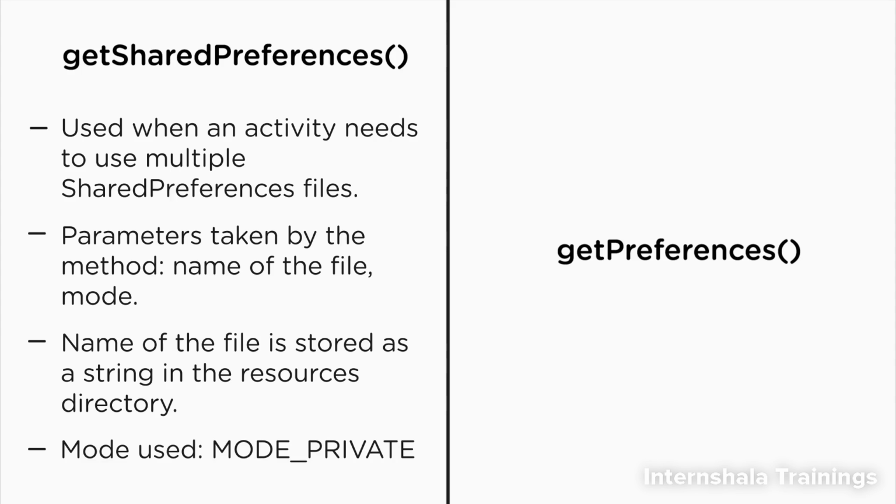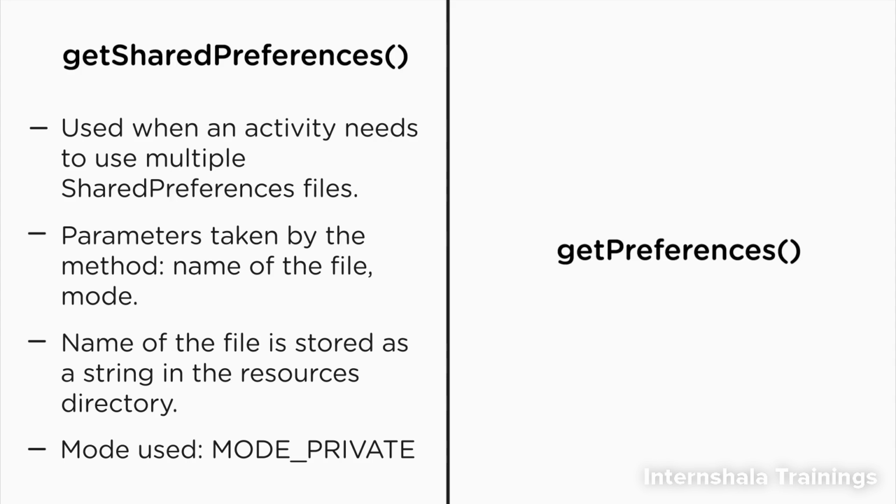The most commonly used and preferred mode is MODE_PRIVATE. This mode lets only this particular app access the shared preferences file that we are referring to in this method. So, the data of the file remains private to this particular application. You can read about them in the text chapter after this video.